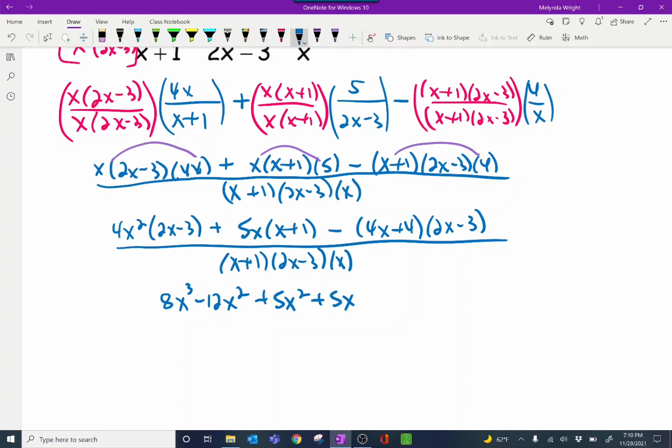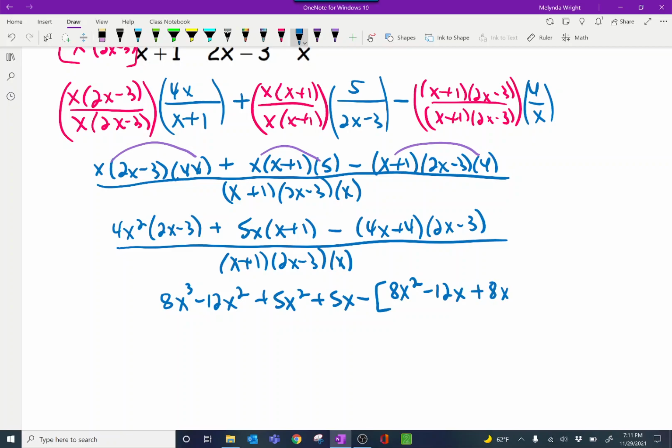Making progress. Okay, so now we're going to FOIL this last piece. 4x times 2x would be 8x squared. 4x times a negative 3 is negative 12x. 4 times 2x is 8x.